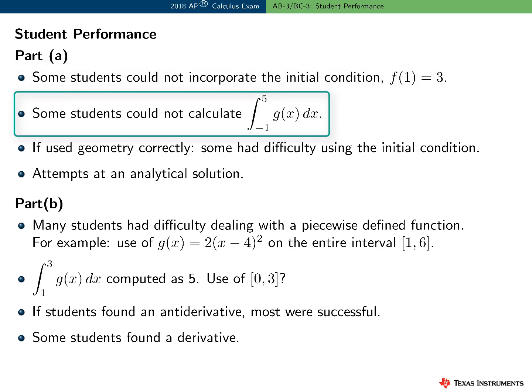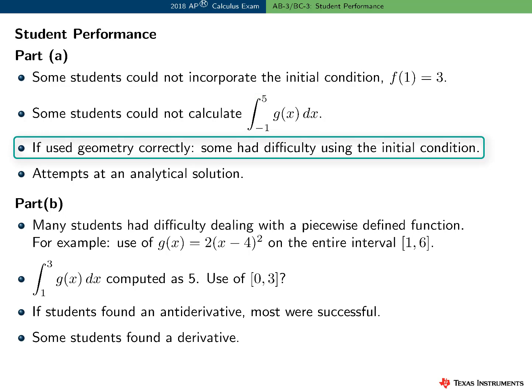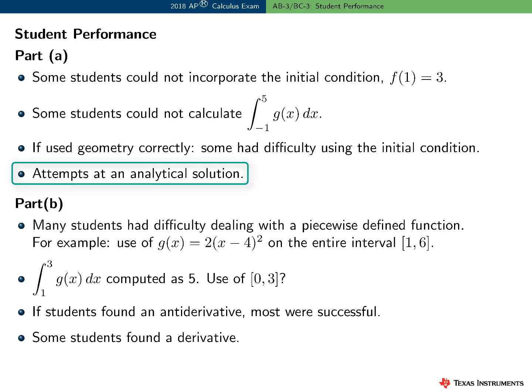Some students knew to use the definite integral, but did not know how to use the geometric areas to calculate a value. Now, many students used the geometry correctly. They calculated a correct value for the definite integral, but used the initial condition in a variety of incorrect ways. And some students actually attempted to solve this problem analytically by writing an algebraic expression for g.